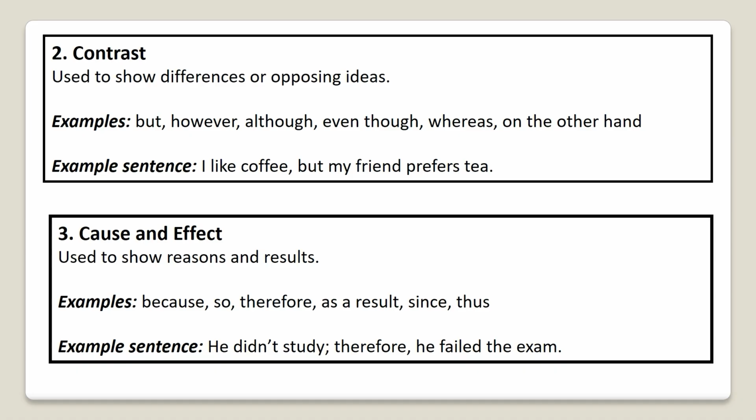For example: because, so, therefore, as a result, since, thus. So these are the cause and effect words. They are used in the sentence structure to make the meaning of that particular sentence more clear.